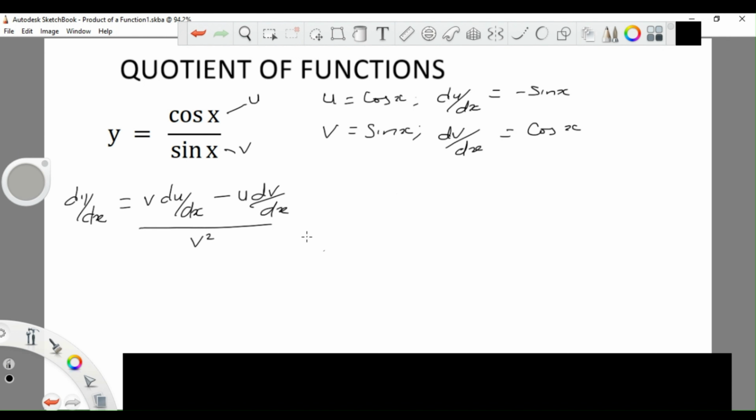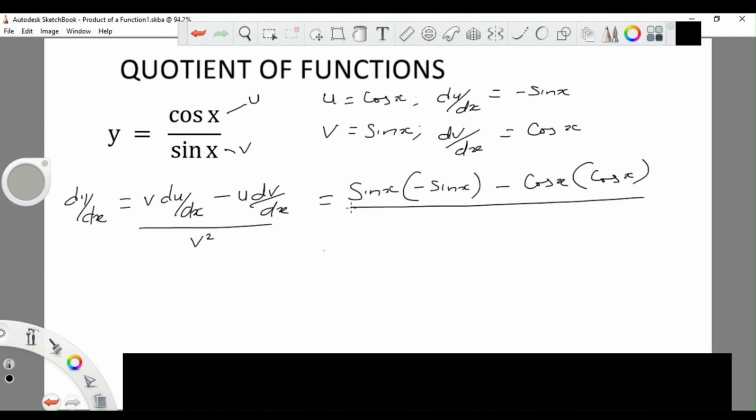So what we'll do next is to put these into the equation. So what we have is our v is sine x times our du dx is negative sine x minus our u is cos x and dv dx is cos x over v is sine x all squared.